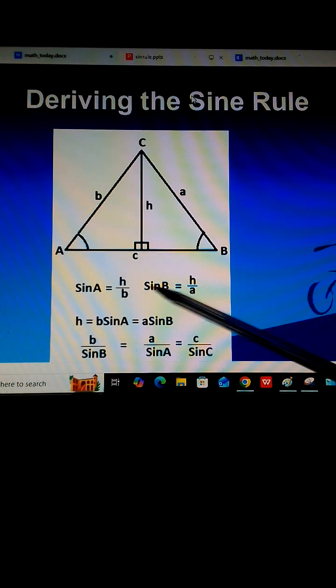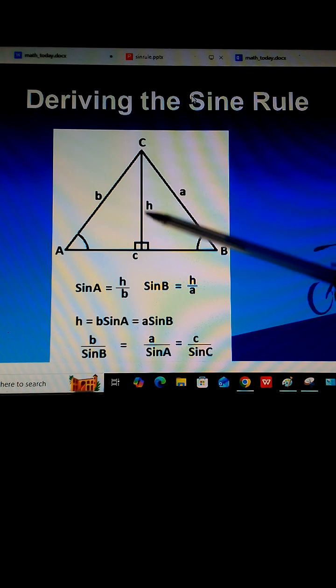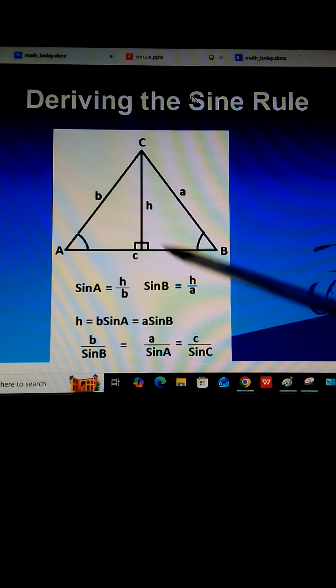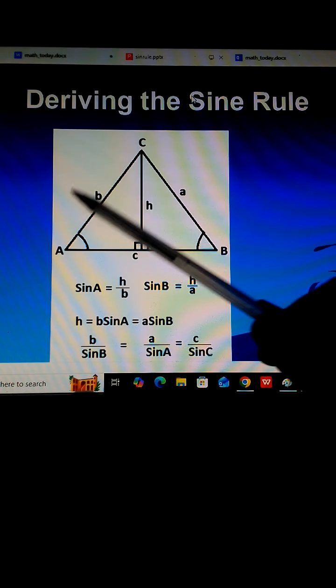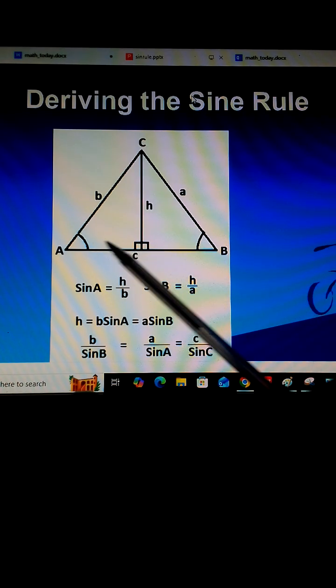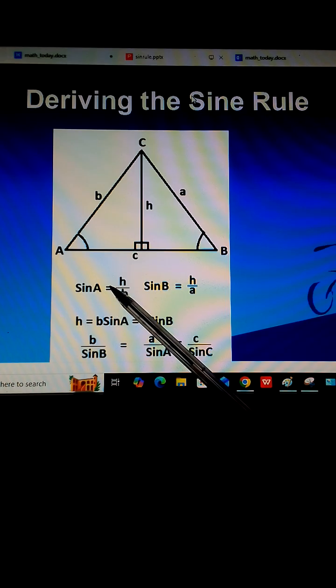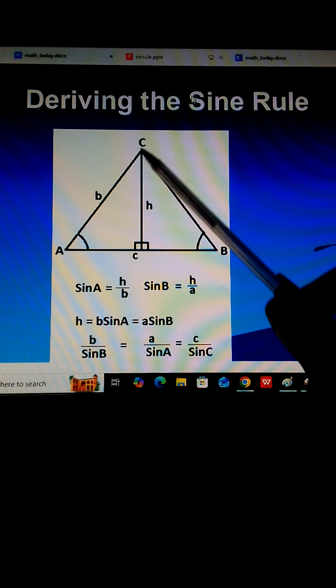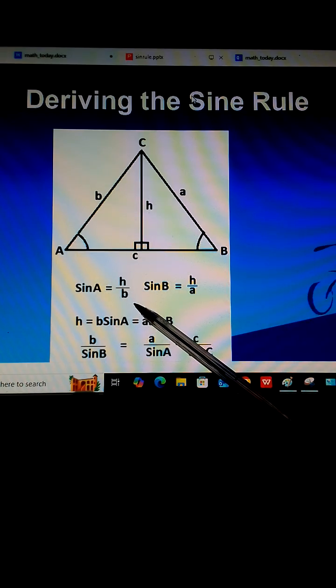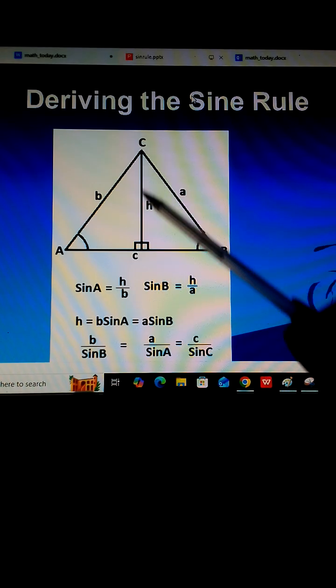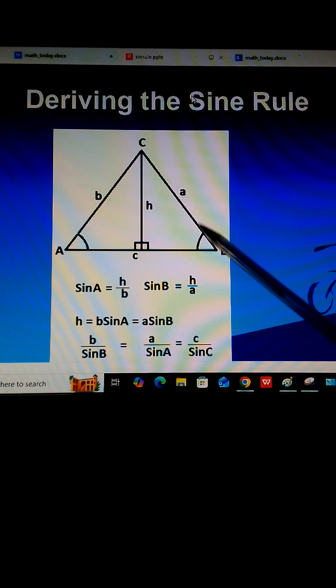Now the length of this perpendicular is equal to h. So we want to write an expression for the sine of this angle A. Sine of angle A is equal to the opposite side over the hypotenuse, that is h over b. Similarly, the sine of angle B is equal to the opposite side over the hypotenuse, that is h over a.